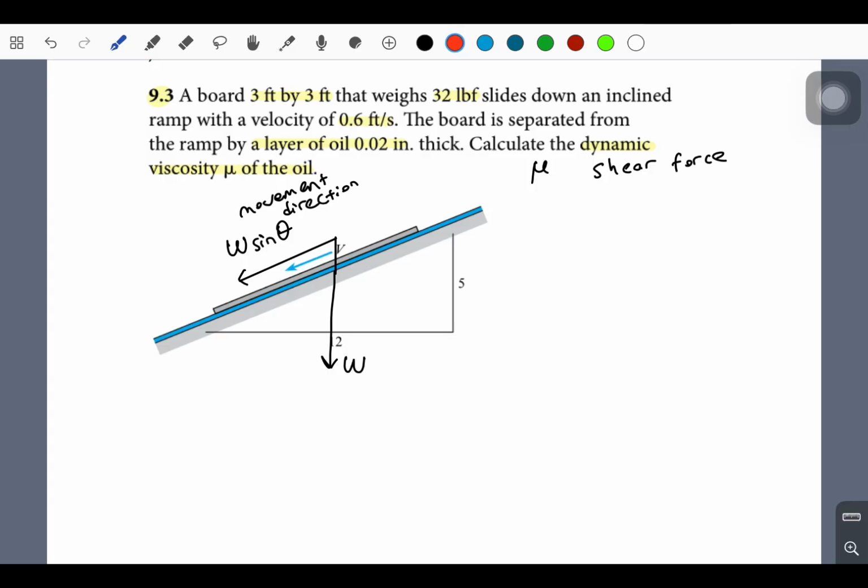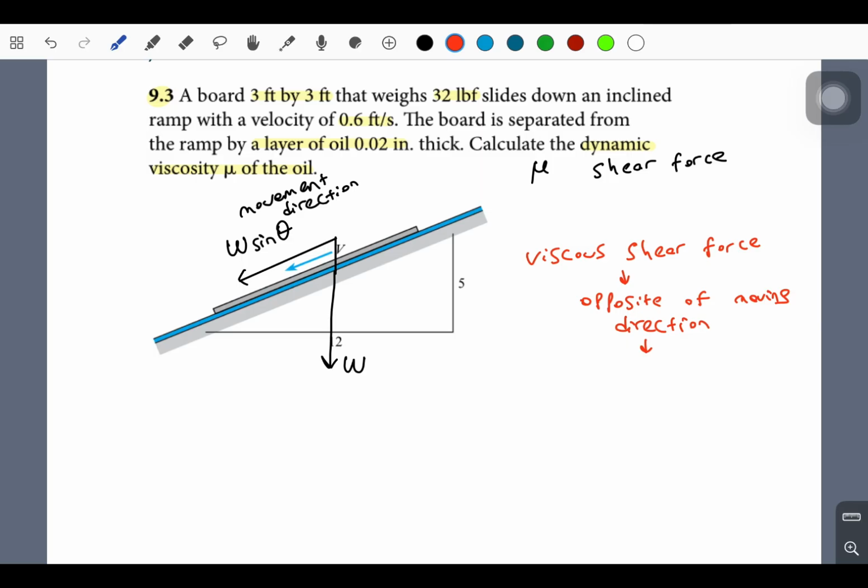And this system will also have a viscous shear force, which acts on the opposite direction of the moving. So the main action of this viscous shear force is resisting to the motion.